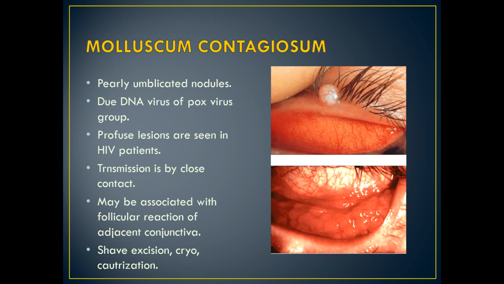It is usually in the shape of a nodule. This is also an infection with molluscum contagiosum. What you need to do with this lesion is simple excision, and this is a viral infection due to the pox virus.